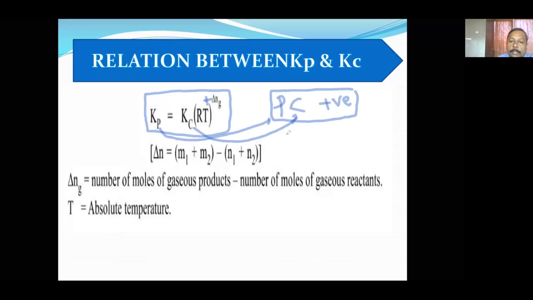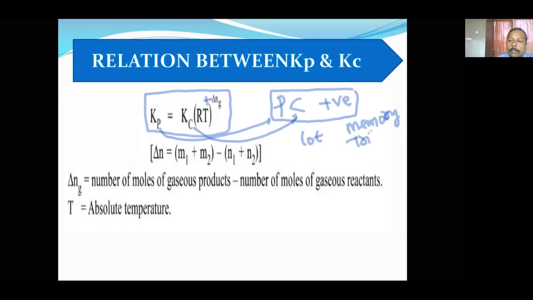A lot of times questions are given, and just because of confusion they lost the marks. Kp is equal to Kc into RT to the power of delta Ng. This is a memory trick. You can use it and you will definitely get plus 4 marks.